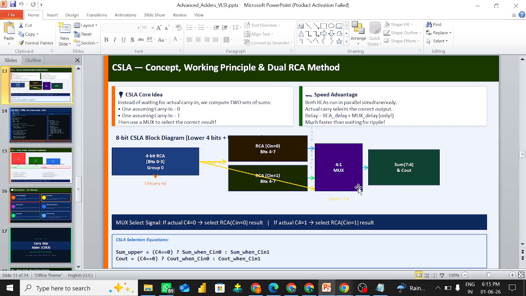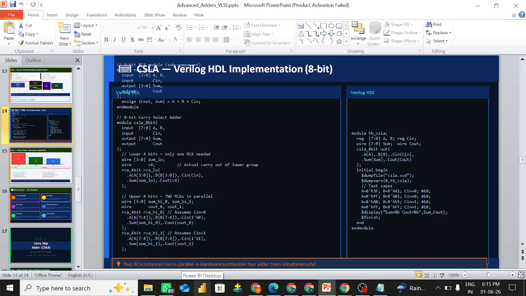I hope everyone got how it's going to work. So next, just as usual, you are going to create a design and a test bench.